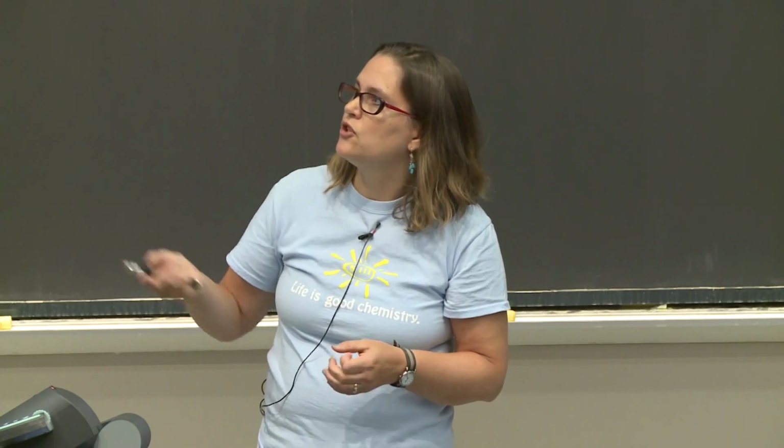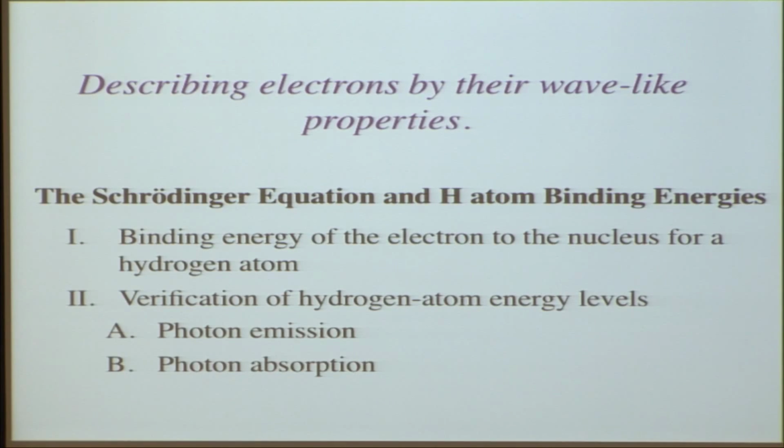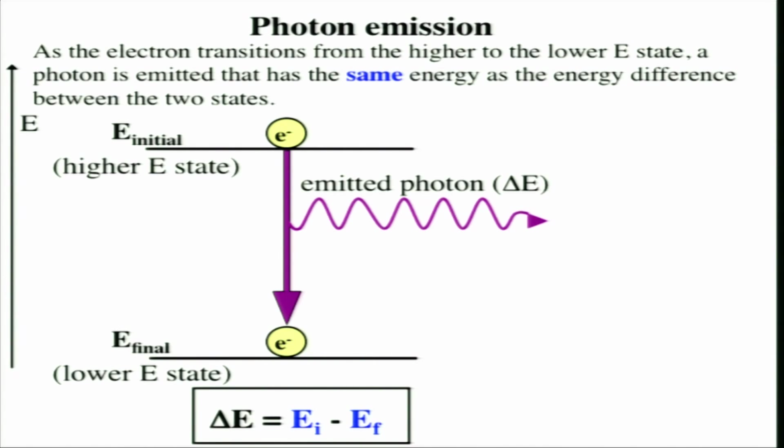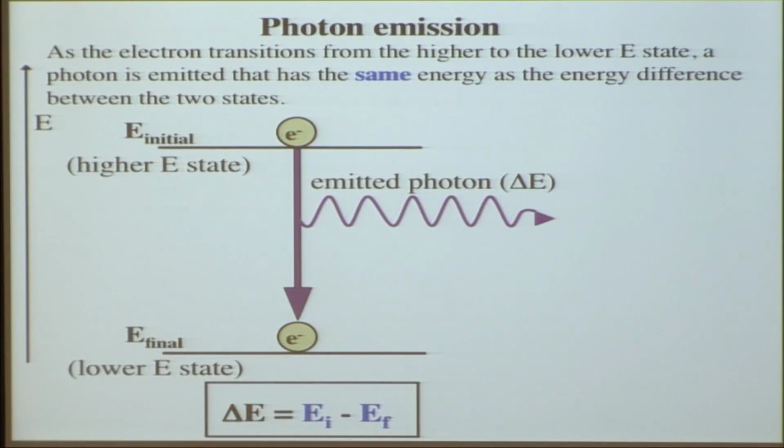So they were able to use photon emission to be able to do this. So let's consider what photon emission is, and then we're going to prove that this equation that I've been showing you actually holds.